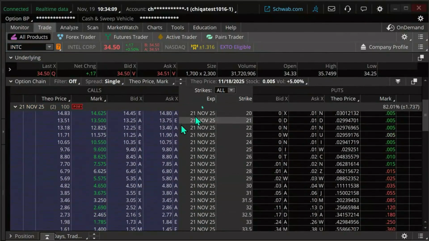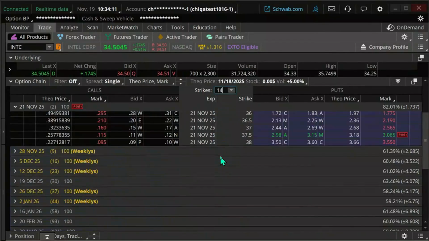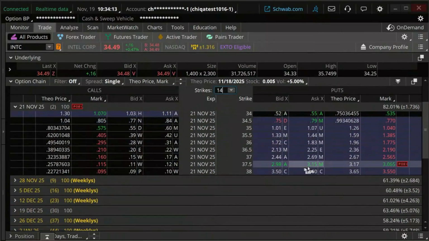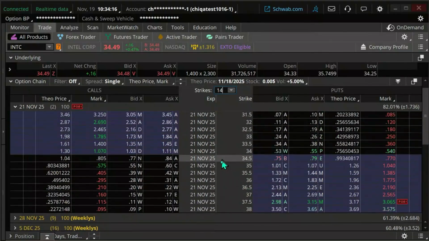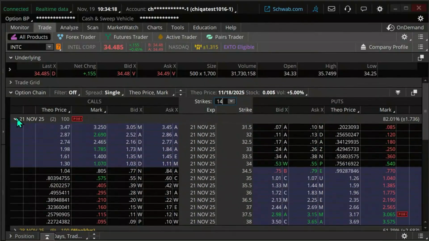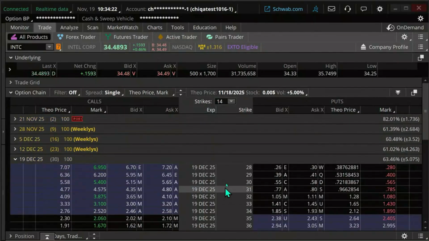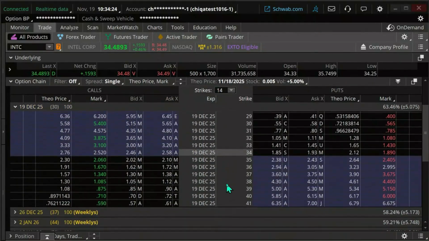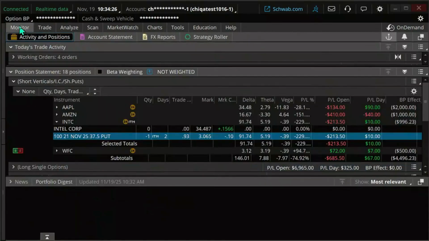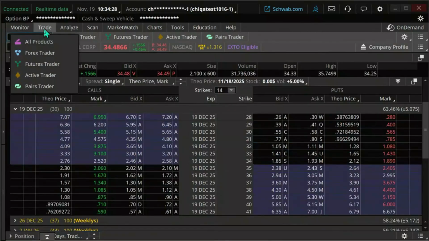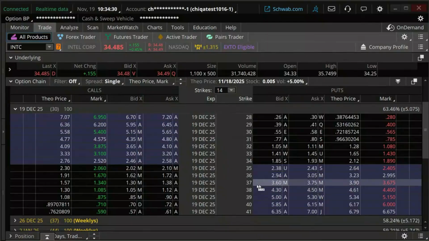And so here's this right now. We said it's going to cost us about $300 to get out of this trade if we just bought it out right now. Let's say we go out a month. And what was our strike? Our strike was 37.50. I don't have a 37.50, but I could roll it down to 36.